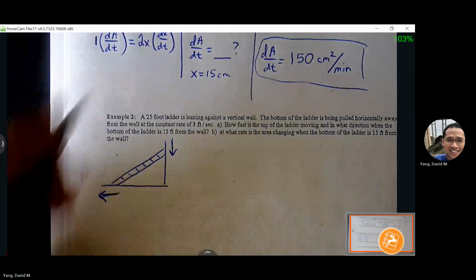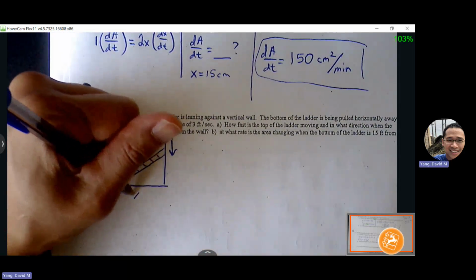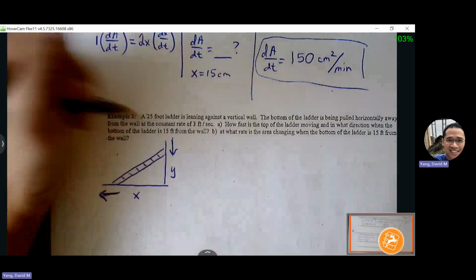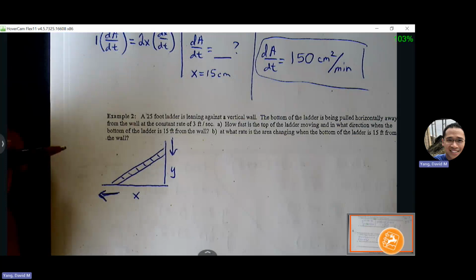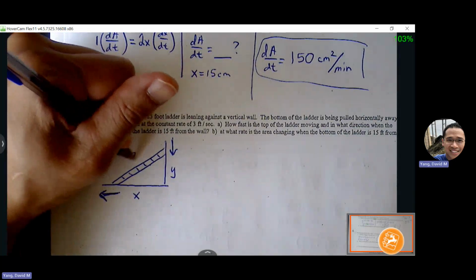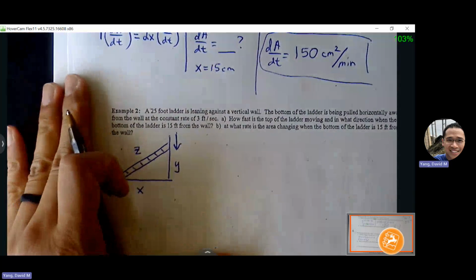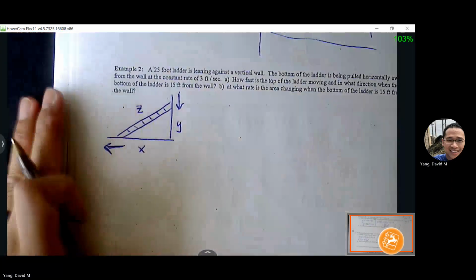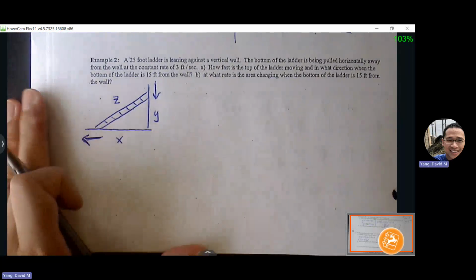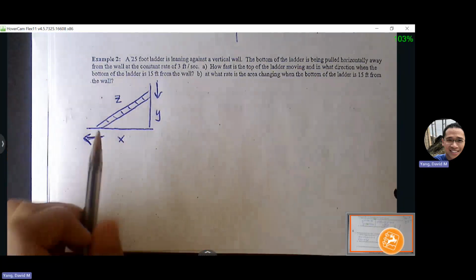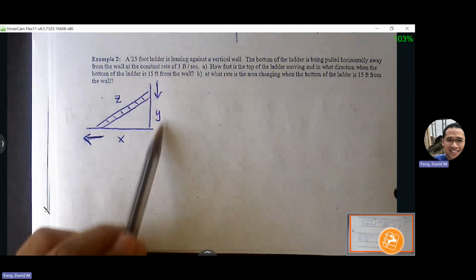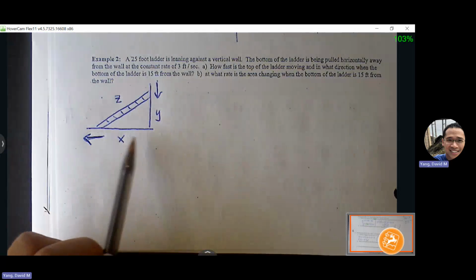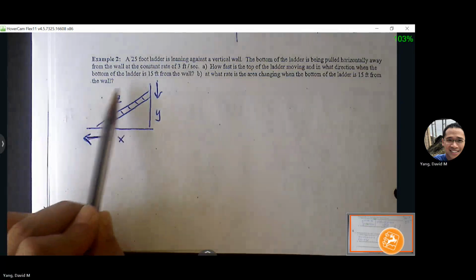Okay. I'm going to go ahead and label my variables here. I'm going to let my horizontal be my x, vertical be my y, and then my hypotenuse, where that ladder is, be my z. This is going to be a popular type of setup where what equation can we use that relates to the sides of a right triangle?